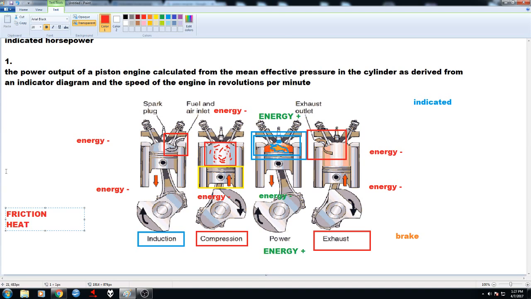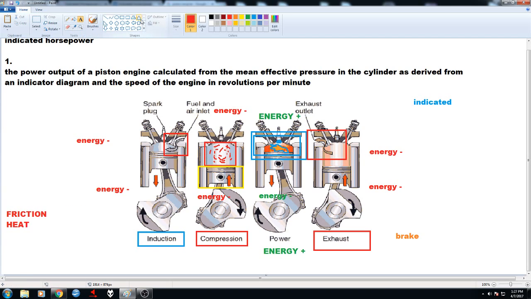We are producing so much heat and so much friction right here when this thing explodes that most of the chemical power of the explosion gets lost to heat and friction. Some of it gets lost to pumping the air in and out, but heat and friction are a lot of our energy losses.